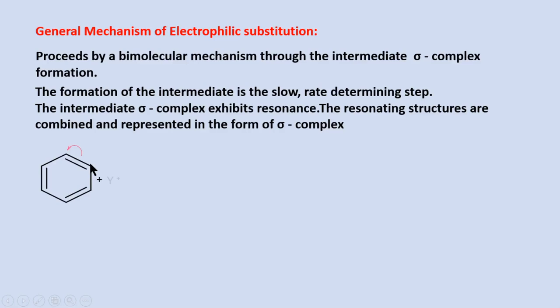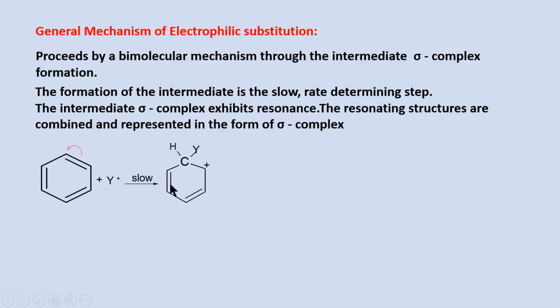So the incoming electrophile, here Y plus, can attack this carbon because this carbon is the source of electrons, and this step is the slow, rate determining step, and it gives rise to this resonating structure. So when Y plus attacks this carbon, the Y is added here and this carbon becomes positively charged, and we have already one hydrogen, so that hydrogen is represented here.